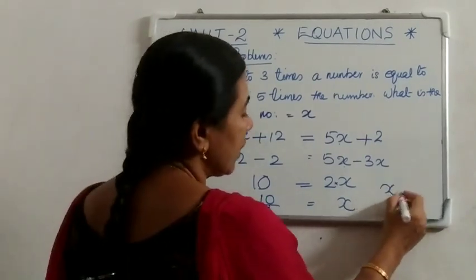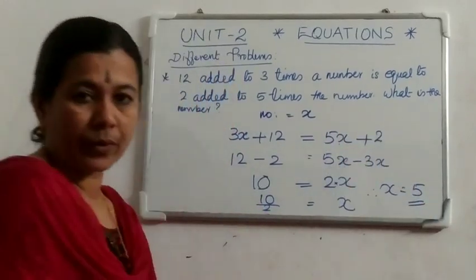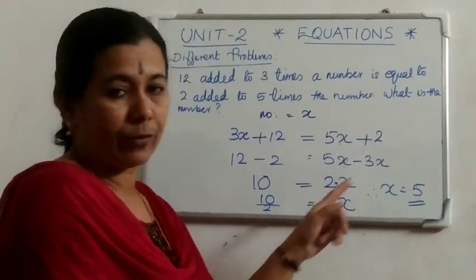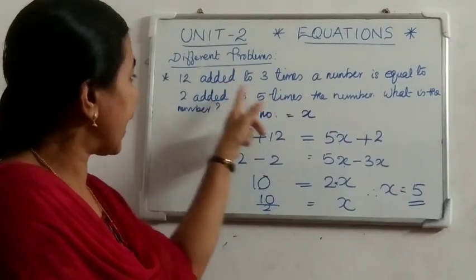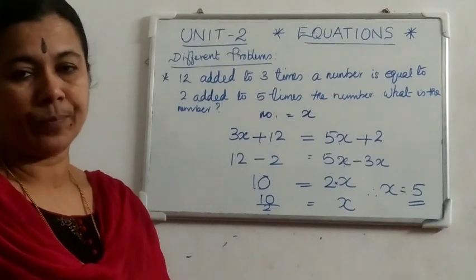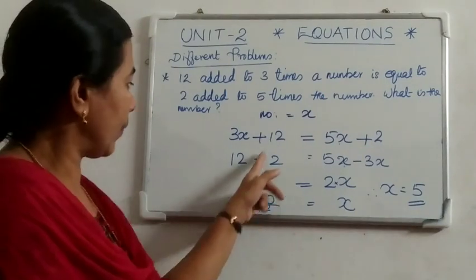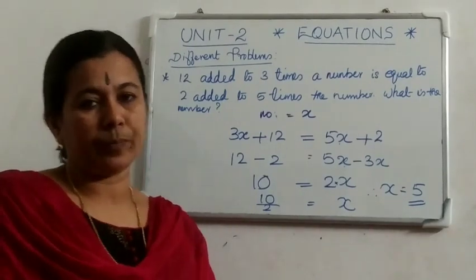How much is x? Therefore, x is equal to 5. The number is 5. You can verify with this 5 in these operations and find whether it is correct or not. Got the idea? Clear? Okay, we can take the next problem.